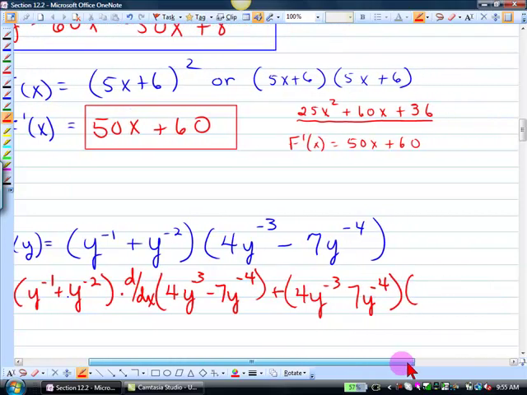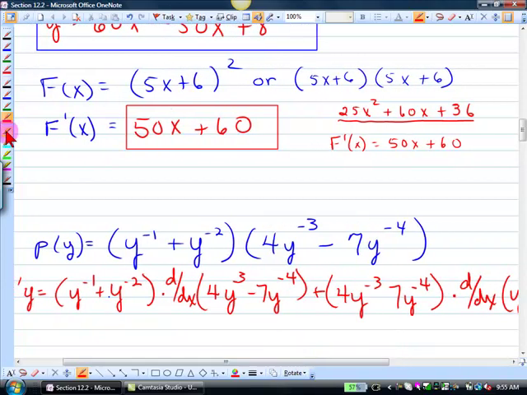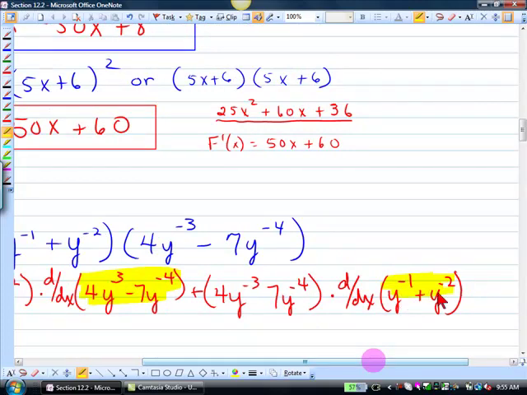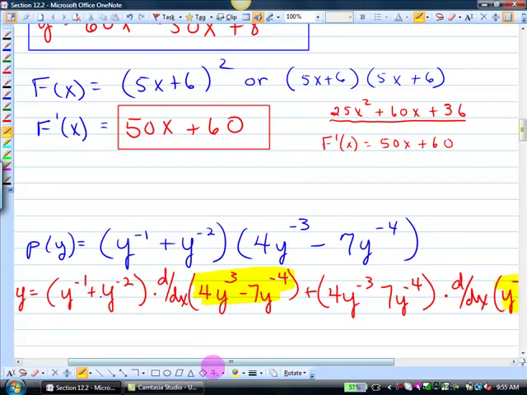Nice thing about this is I get to scroll. You may not get to scroll. So there's our roadmap. We should know where we're going to take derivatives right here and right here. Okay. Move up a little bit.